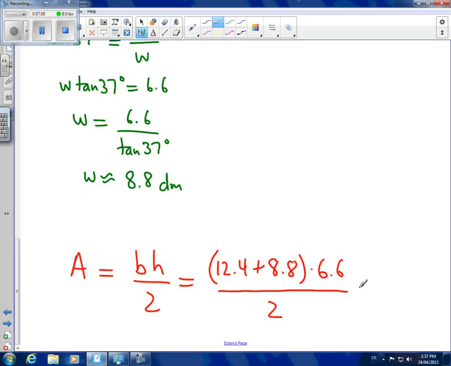All divided by 2, and I have an area of, drumroll please, I'm going to say about 70, give or take. 70 decimeters squared. Decimeters times decimeters, decimeters squared. I found another area, and we are done.